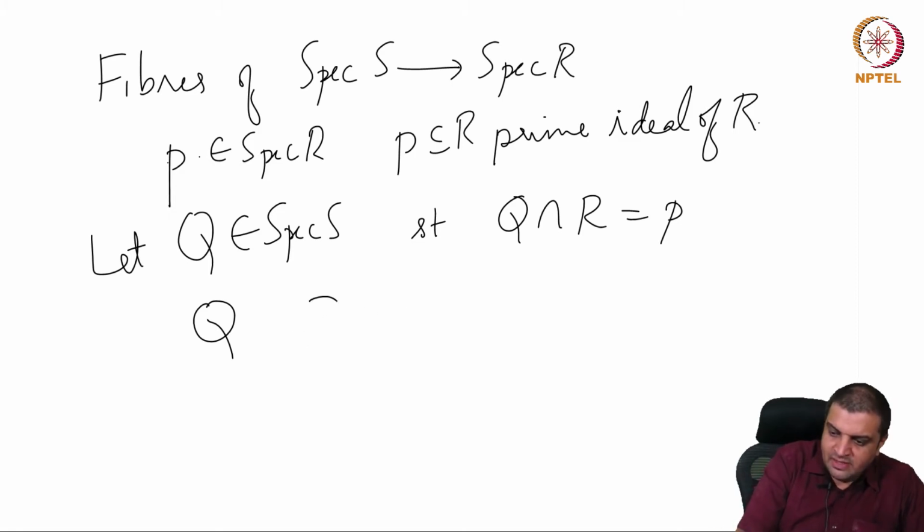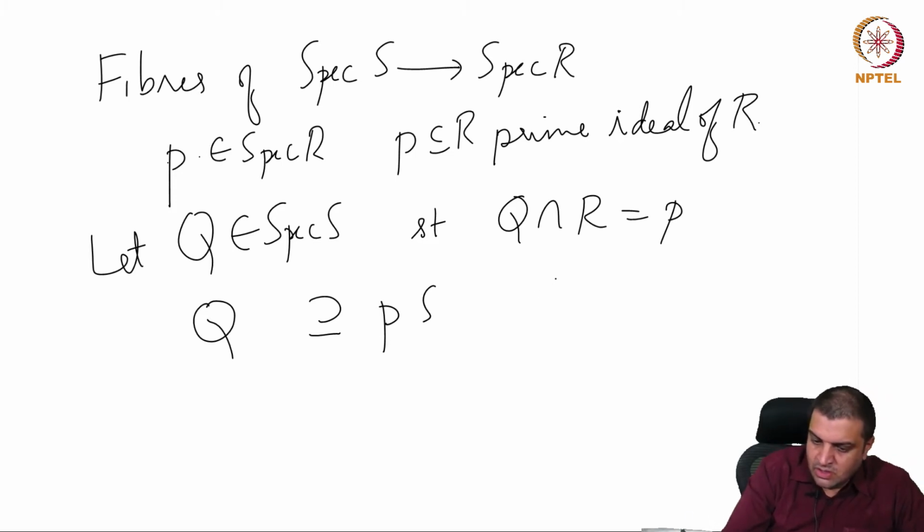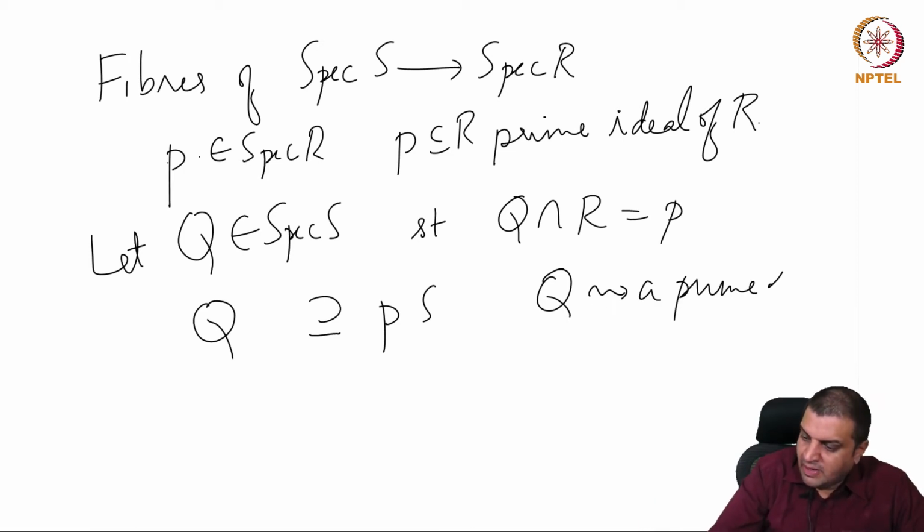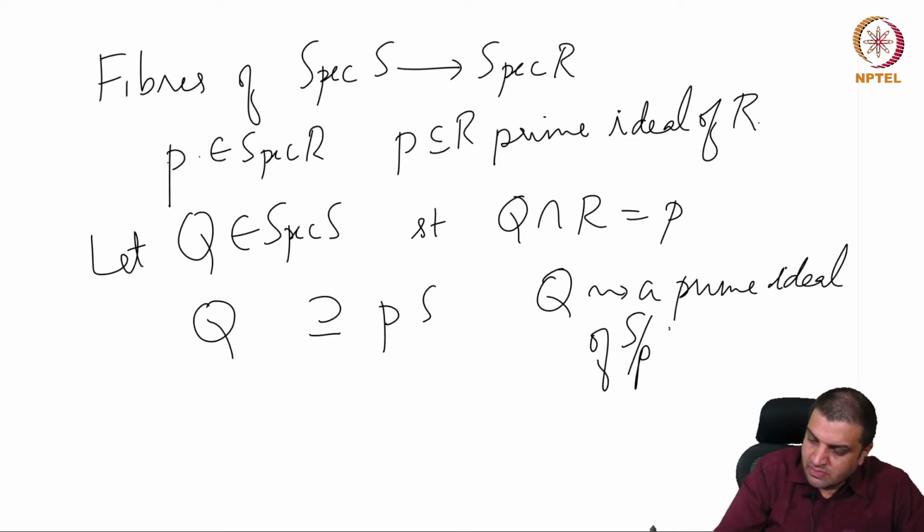Q will contain PS. In other words, Q gives a prime ideal of S mod PS. So that's one observation about such Q.